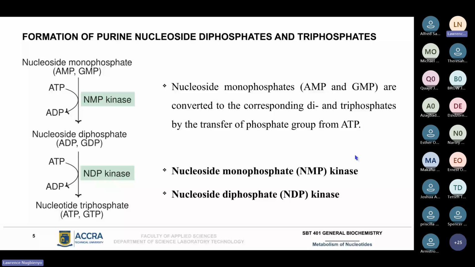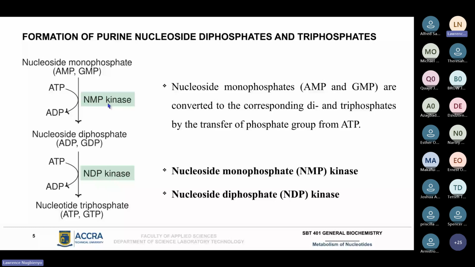So as I was saying earlier, if you have adenosine monophosphate and guanosine monophosphate, and you have a phosphorylation of these molecules to give you their diphosphates, those diphosphates can be phosphorylated further to give you their triphosphates, adenosine triphosphate or guanosine triphosphate. Again, you see the enzymes that are catalyzing these reactions are kinases.